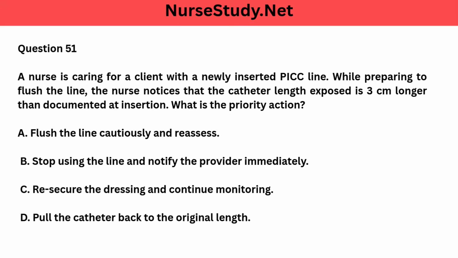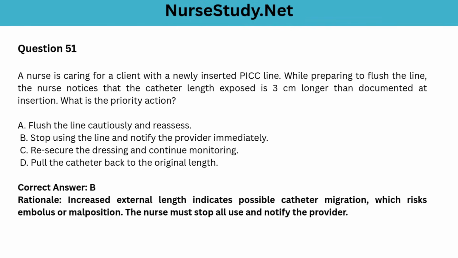C. Resecure the dressing and continue monitoring. D. Pull the catheter back to the original length. Correct answer. B. Rationale. Increased external length indicates possible catheter migration, which risks embolus or malposition. The nurse must stop all use and notify the provider.